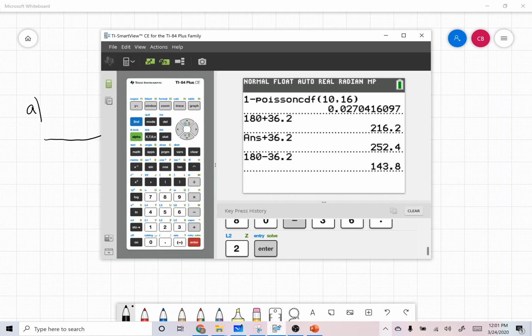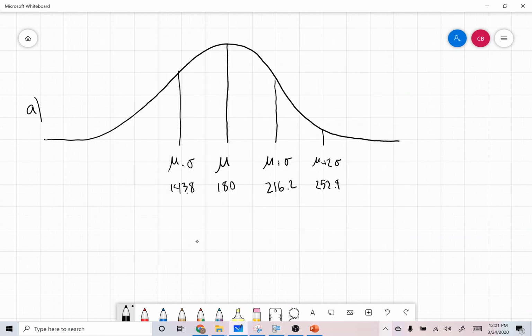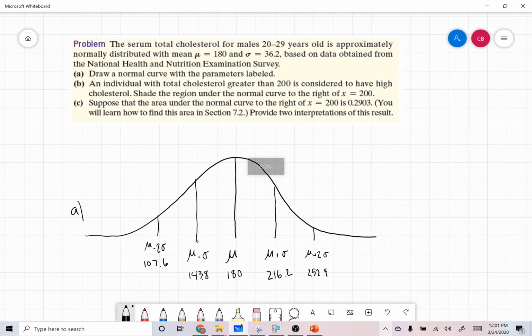And then we'll do it again, minus 36.2, 107.6, minus 2 sigma, 107.6. And so I think that's all they want for that.